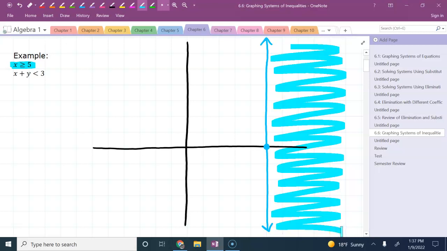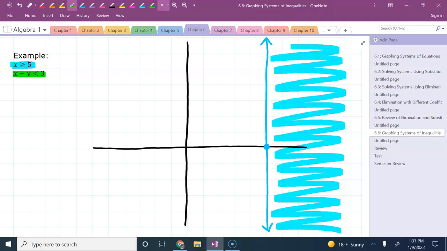Now this is what you guys did in chapter 5, and you would have stopped here, because they would have only given you one line to graph and having to do your shading. But we've got a second equation here. Now if you look at this one, do you guys think that that's ready to graph? Hopefully you said no, or you're thinking no, because y is not by itself.